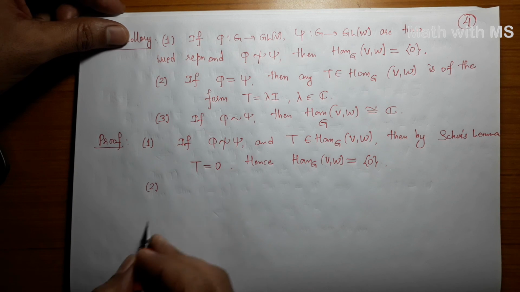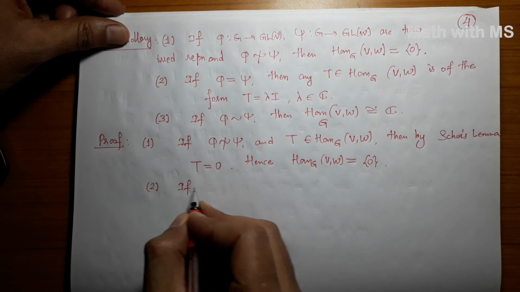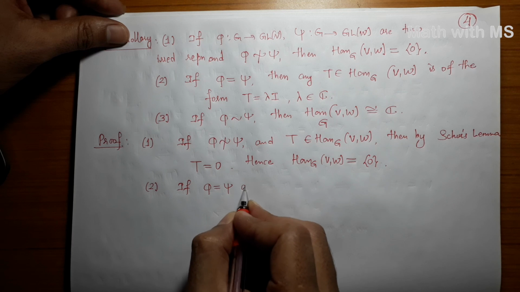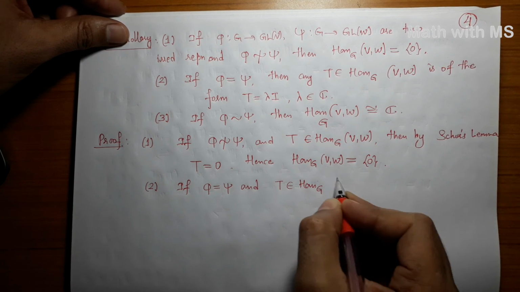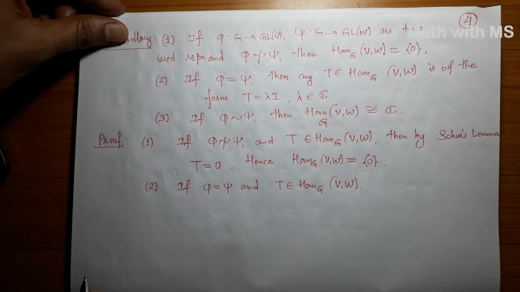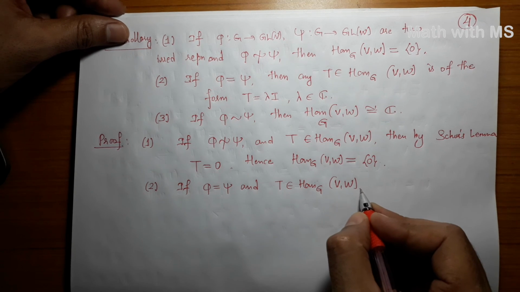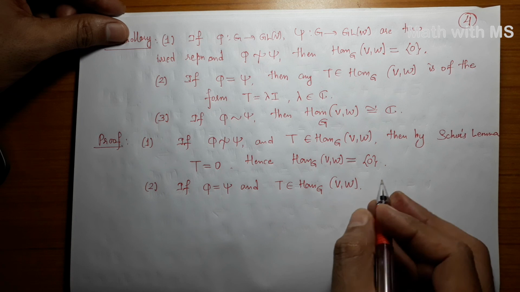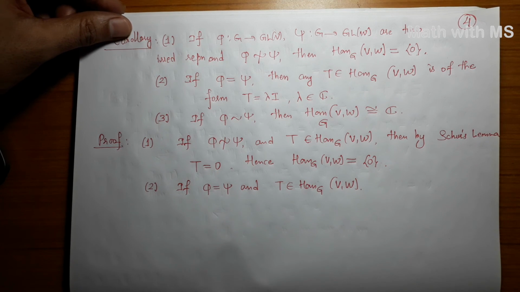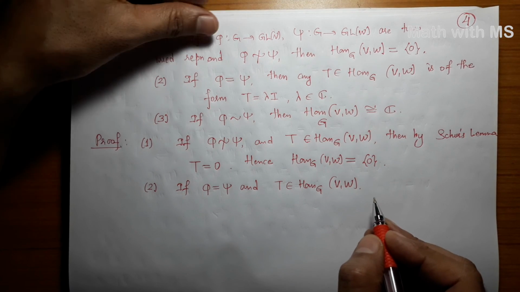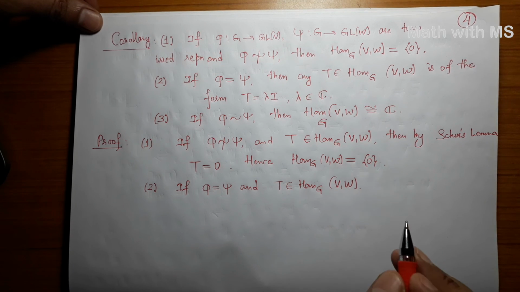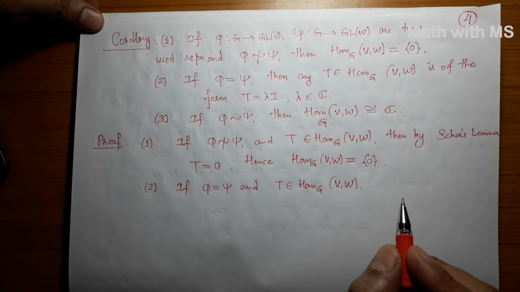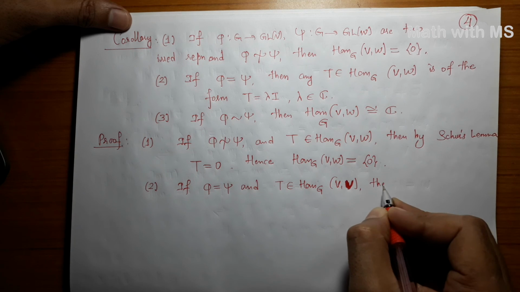Secondly, if phi is psi and say T belongs to Hom_G(V,W), then what can you say about this T? Here is the first instance where we are going to use the fact that we are working over the field of complex numbers. So please pay attention.